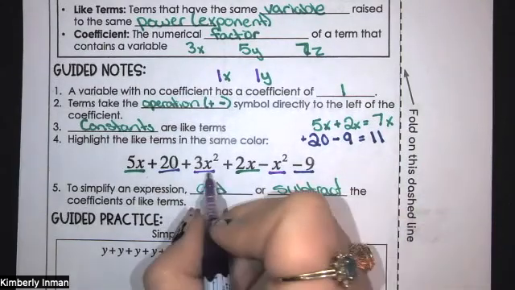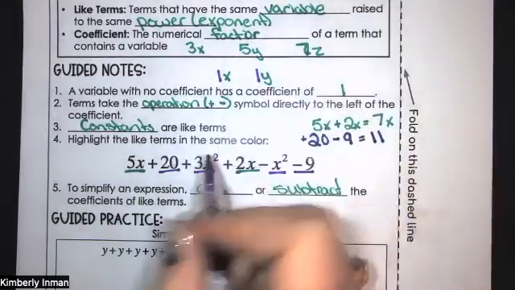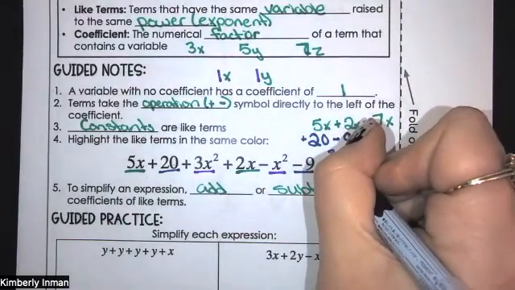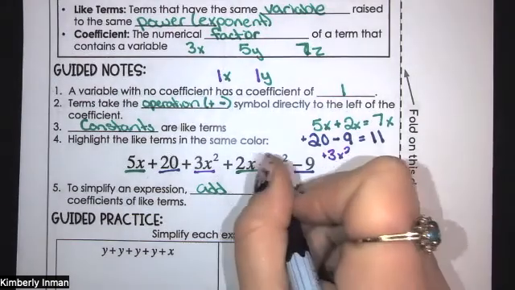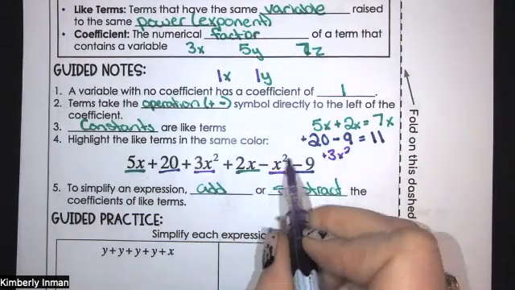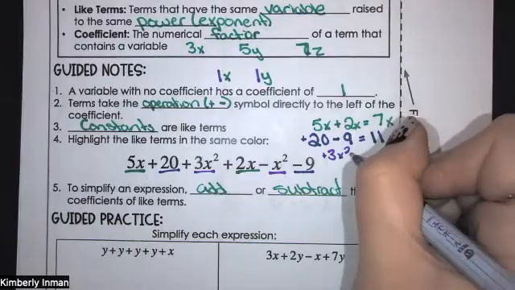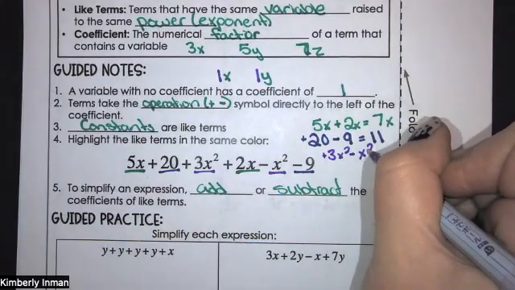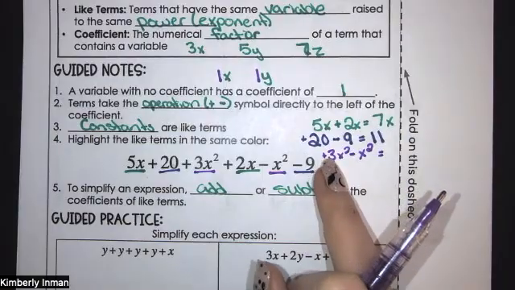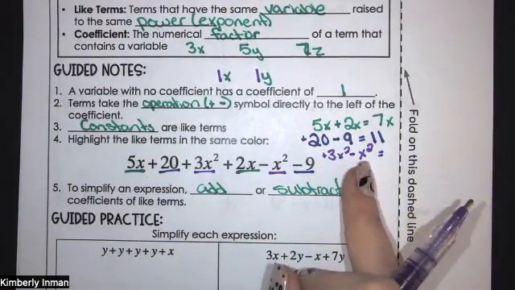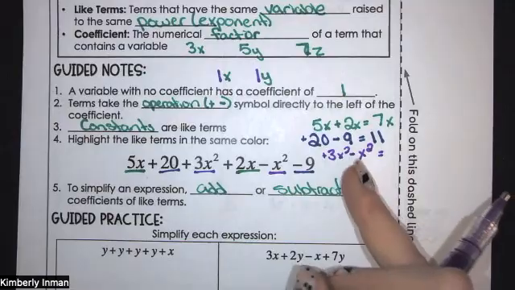And then the last one, we had our x squareds. The symbol in front of that 3x squared is a plus. The symbol in front of this x squared is a minus. So you just minus x squared. How many x squared do you have right here in this term?